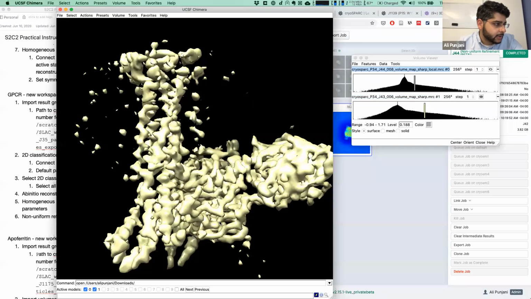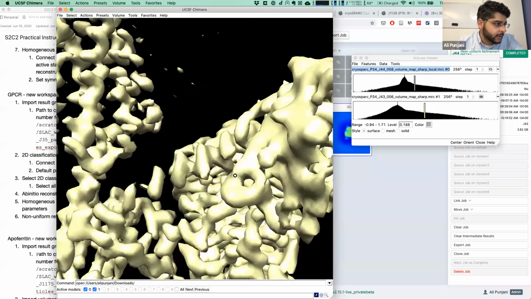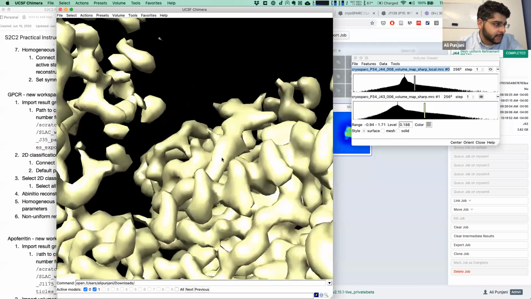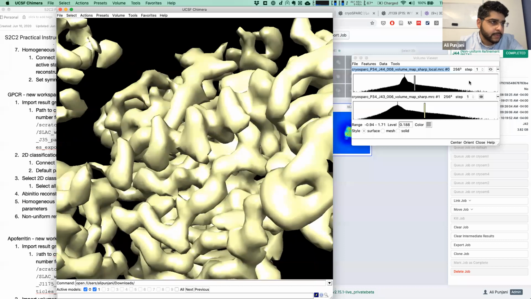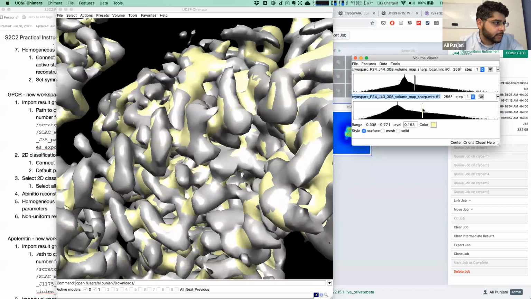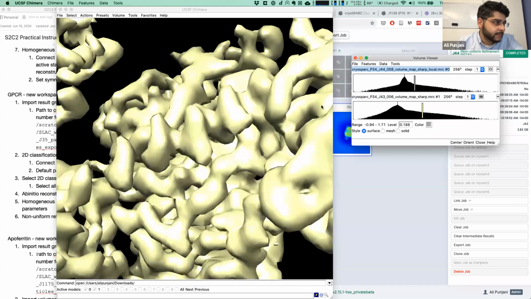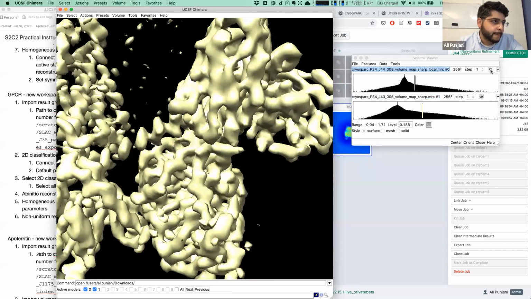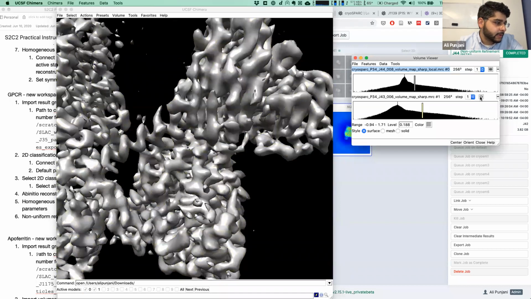We'll find out later that the transmembrane domain here is highly flexible, and that's why it's washed out, especially with a small number of particles. But if we compare these two at a similar density, we see that the non-uniform refinement has been able to resolve substantially more detail in many parts of the structure than the standard refinement.